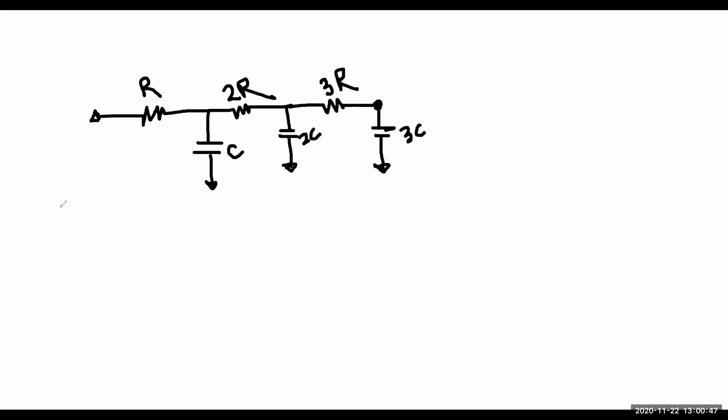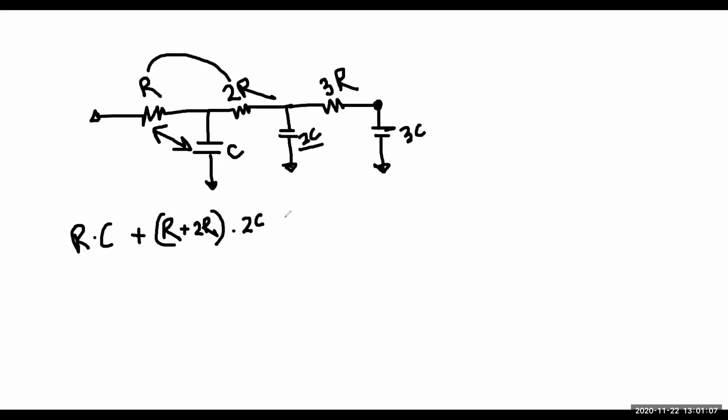What will be the delay? The calculation will be like this. R into C, that means this C. Understood? Plus R plus 2R, bracket, into 2C. Plus R plus 2R plus 3R into 3C.